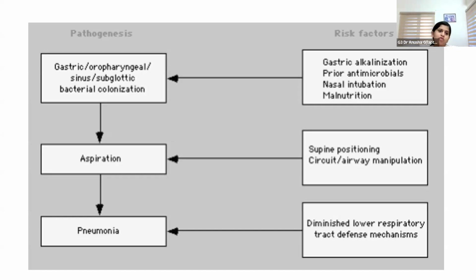So these are the risk factors for subglottic or oropharyngeal bacterial colonization. If the patient is in a supine position, then he has more chances of aspirating the secretions and developing pneumonia. And when the person's immune system is very compromised and he has diminished lower respiratory tract defense mechanisms, then he has more chances of landing up with pneumonia.